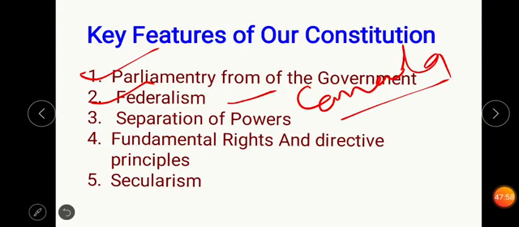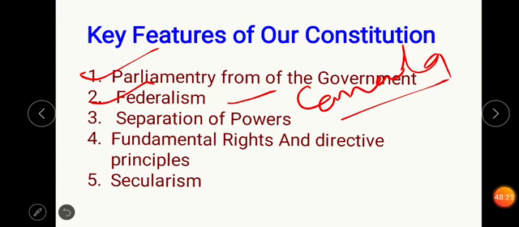As a result, the union government cannot take away the powers of the state governments without their consent. So everywhere there are some limitations. Understood?